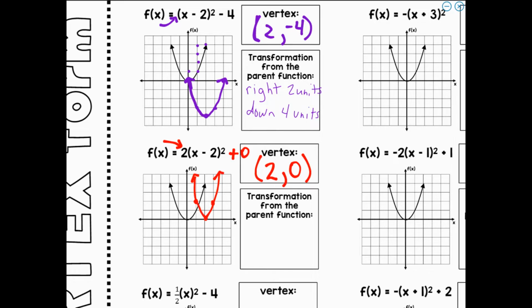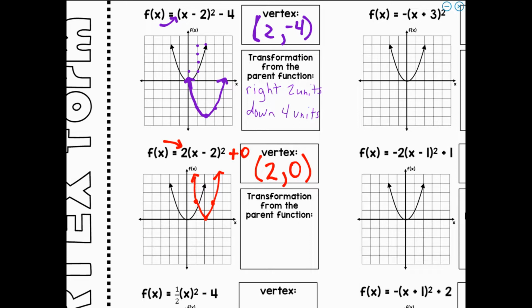It could also be a horizontal shrinking, right? However, because it's outside the parentheses, we usually refer to it as the vertical, because vertical is your y.